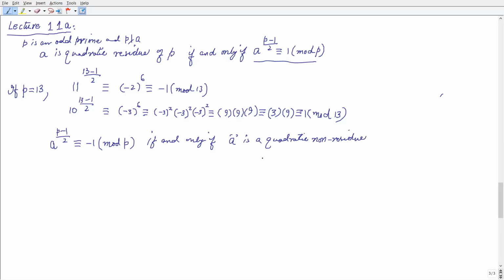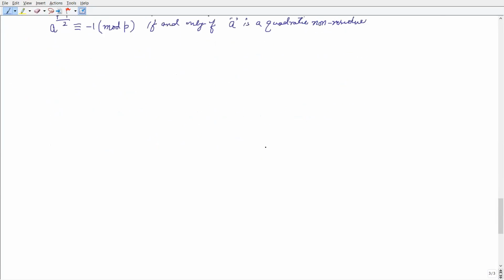Okay, now moving to another thing, which is a little bit stronger than the Euler criterion.